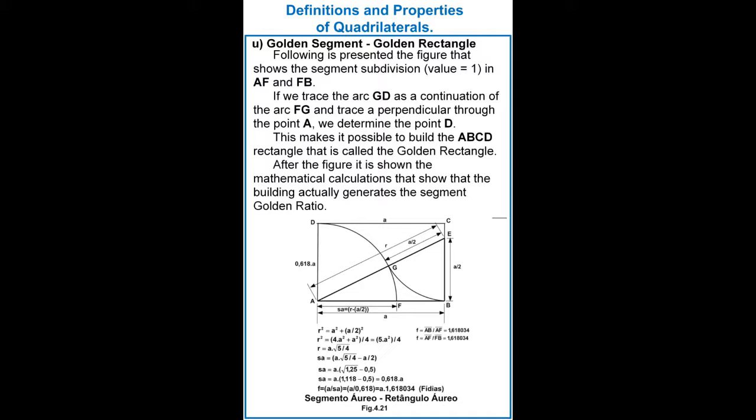Realizing the inversion of the value of the golden ratio, the unit value 1 is divided by 0.618, which results in the factor f, which has a value of 1.618034, called the factor of Phidias, or f.